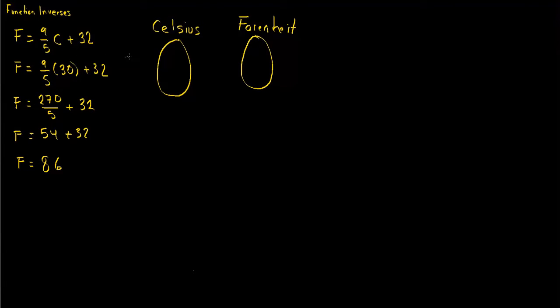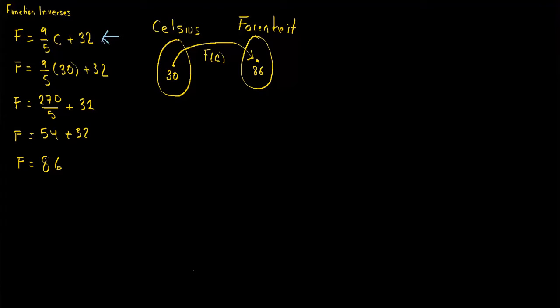What we just did was start out here with 30 degrees, and by applying this formula there's actually a function that takes us from here to its correspondence, which is 86 degrees. We apply this formula, which I'm going to call big F of C.